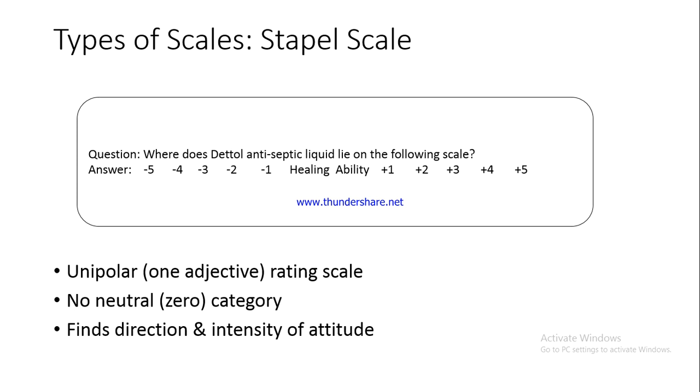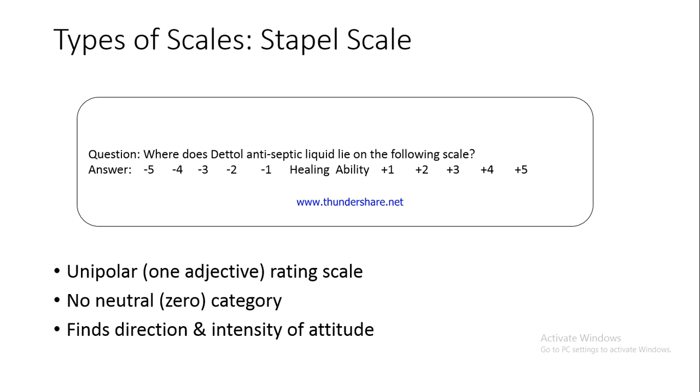So if there are two respondents, one respondent tells me that according to him the healing ability is, let's say, -2, and the other one tells me that according to him the healing ability is +4. The former, who said -2, has a negative attitude, but his negative attitude is relatively weaker.